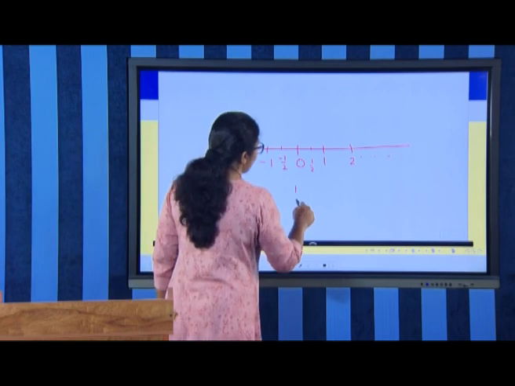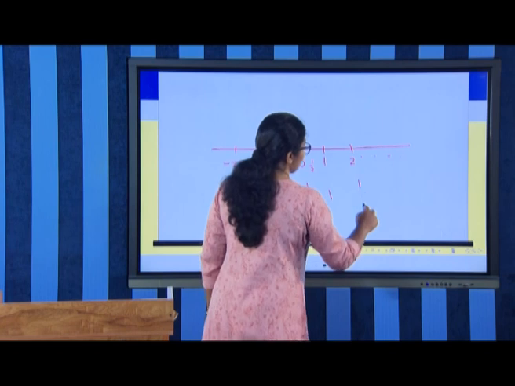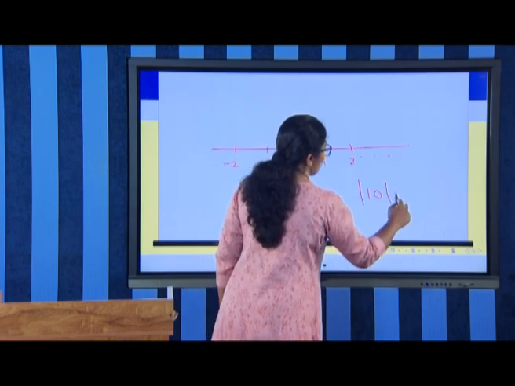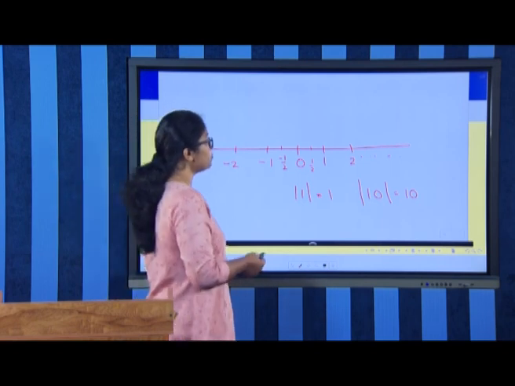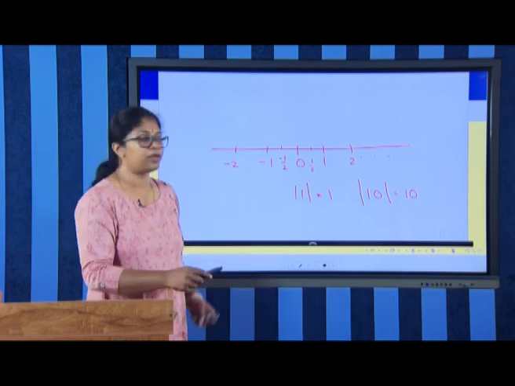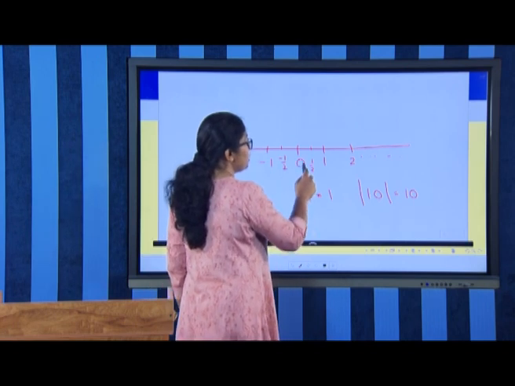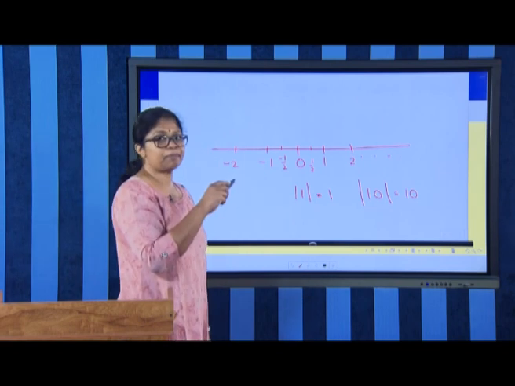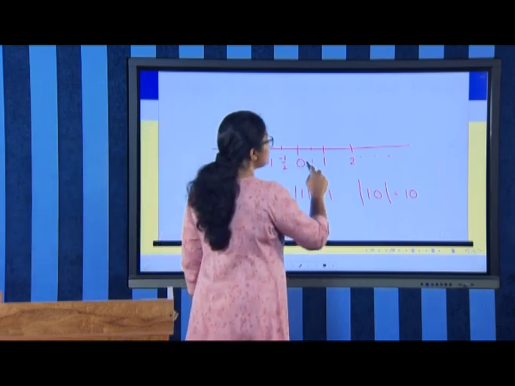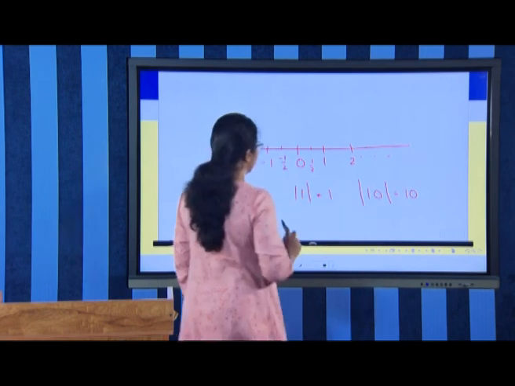Say for example, modulus of 1 is nothing but 1, modulus of 10 is equal to 10 itself, modulus of 3 by 4 is 3 by 4. So, that means it is nothing but the distance from the point 0. The distance towards the positive side is exactly equal to that number.